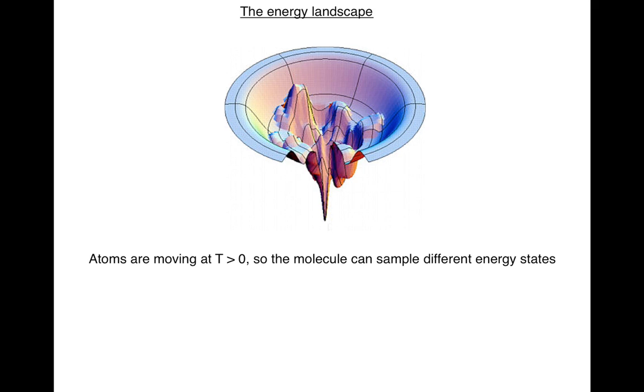So we talked in the first video about this concept of the energy landscape, and the idea is that we can think about all the internal energy, all the forces, like covalent bonds, non-covalent interactions, and so forth, that define the structure of a macromolecule. But because the molecule is not at absolute zero, all the atoms have thermal motion.